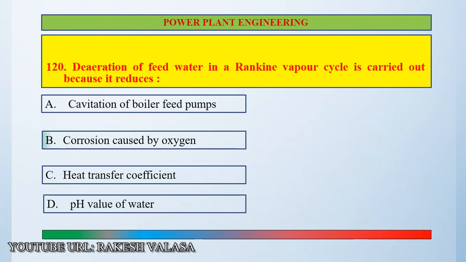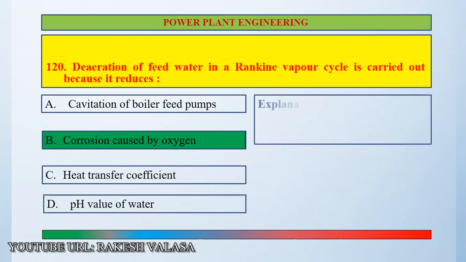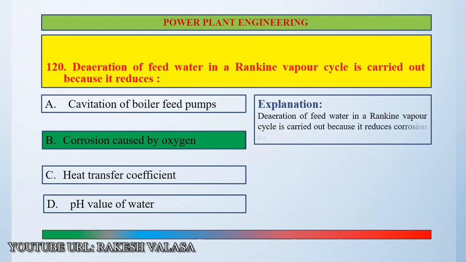The correct answer is corrosion caused by oxygen. Let us see the explanation. Deaeration of feed water in a Rankine vapor cycle is carried out because it reduces corrosion caused by oxygen.